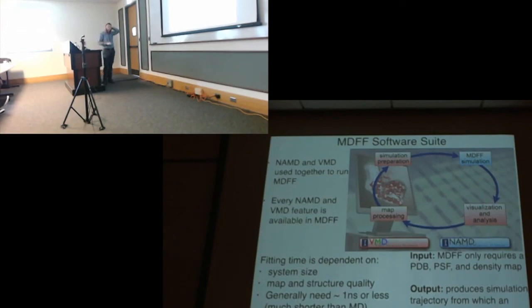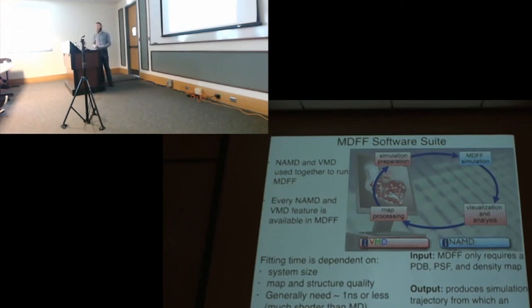The actual fitting time is obviously dependent on the size of your system, the quality, what your system looks like, but we generally need a very short amount of simulation time, much shorter than you need for an MD simulation to equilibrate. We generally do it in less than 1 nanosecond. So these are pretty fast simulations in general. And as input, you only need a PDB, PSF, and a density map.